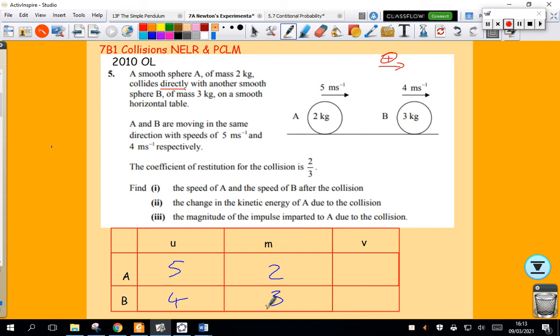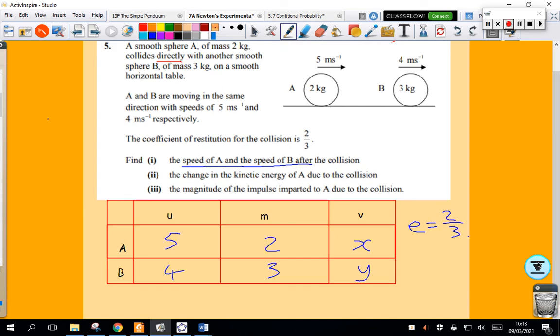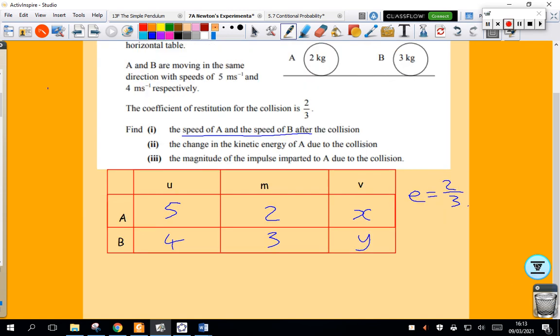We want to find the speeds of A and B after the collision, so I'm going to make up some variables here. Let's call these X and Y. The other thing we're given here is that the coefficient of restitution is equal to 2/3. Okay, so we're going to use two things all the time. Questions of this type, essentially we use the same kind of process all the time.